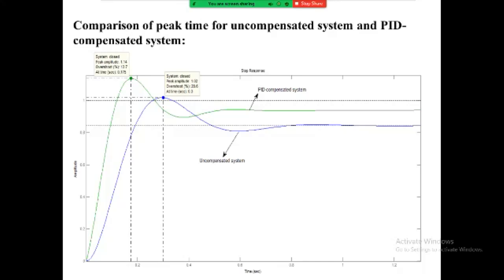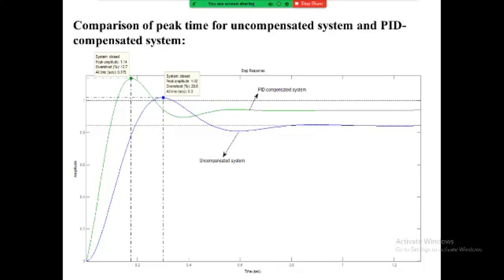Thus it is evident from the simulation that the PD compensated system satisfies the peak time requirement, better than the desired one, and operates with an overshoot of nearly 22%. The design was for 20% overshoot, so there is about 2% extra overshoot, and the result is satisfactory.